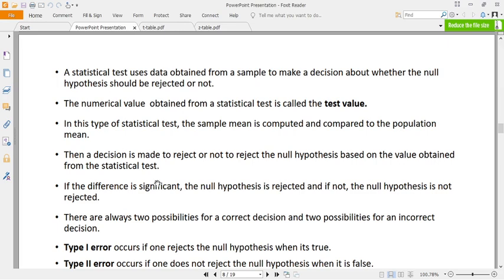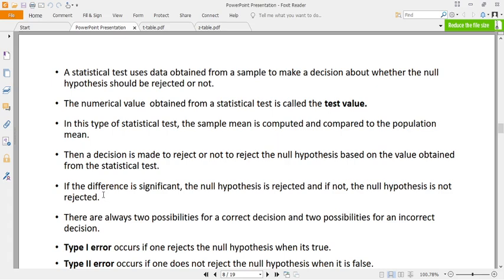After that, we make a decision to either reject or not reject the null hypothesis, based on the value obtained from the statistical test. If the difference is significant, the null hypothesis is rejected. If it is not significant, the null hypothesis is not rejected.